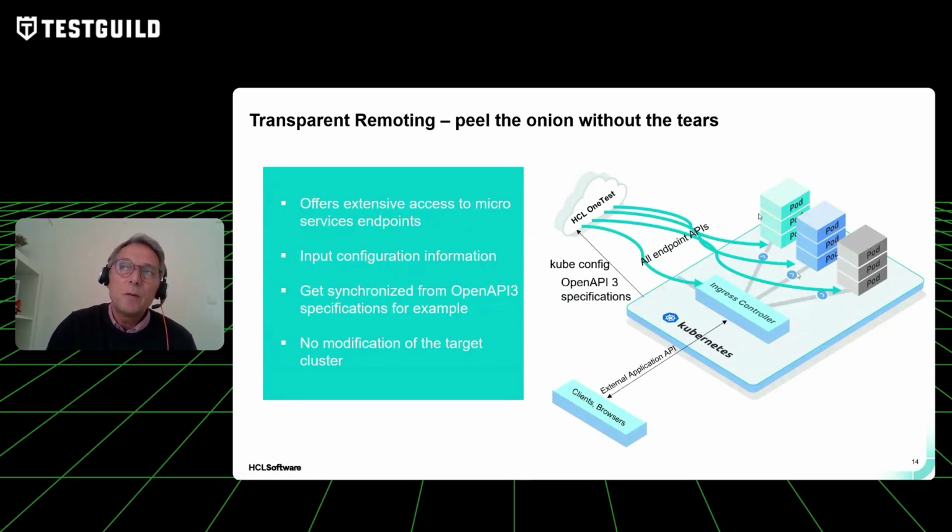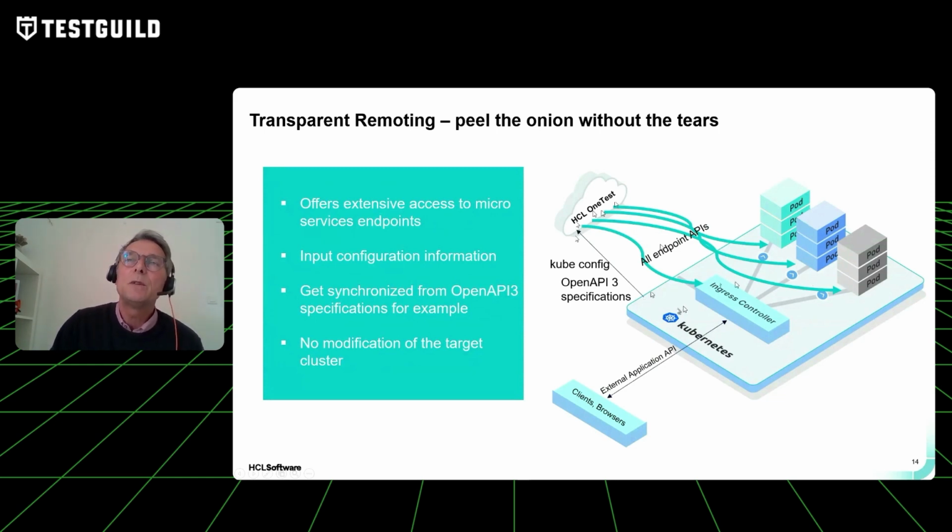The only information needed for OneTest API to be able to do this is this Kubernetes configuration information that needs to be provided to OneTest API. With this information, OneTest API is able to do things inside the cluster, but it won't change anything inside the cluster.